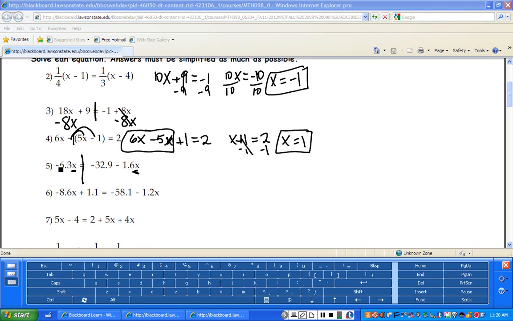So I move a negative 6.3 by adding 6.3. Okay. Cancels there. And on the other side, I end up with a 4.7.